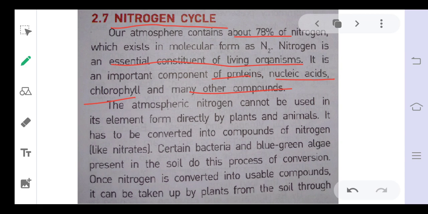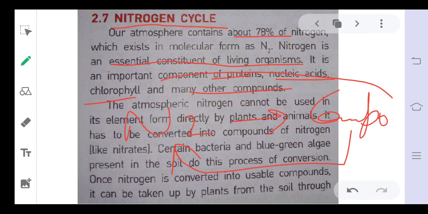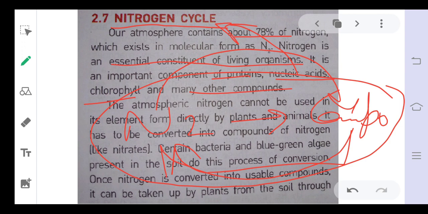This conversion of nitrogen into its compounds, and again converting these compounds into free nitrogen, thus forming a cycle of nitrogen gas, is why it is called the nitrogen cycle, and it takes place in our environment itself. This cycling of nitrogen gas first into its compounds, and from these compounds again into free atmospheric nitrogen, is called the nitrogen cycle.